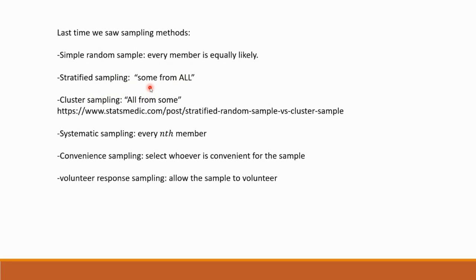So it's not like stratified sampling, where you take members from every group, every stratum as it's called. With cluster sampling, you're taking everyone from just some of the groups. And again, this is the website where I got these phrases from. You can look at the website if you want. It's up to you.